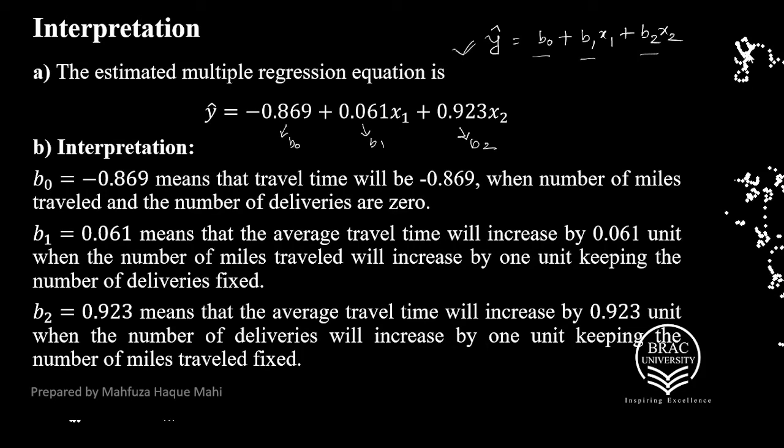And B2 equal to 0.923 means that the average travel time will increase by 0.923 unit when the number of deliveries increases by 1 unit, keeping the number of miles traveled fixed. So here we are keeping one explanatory variable fixed.